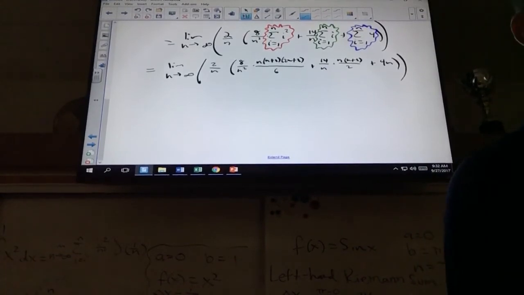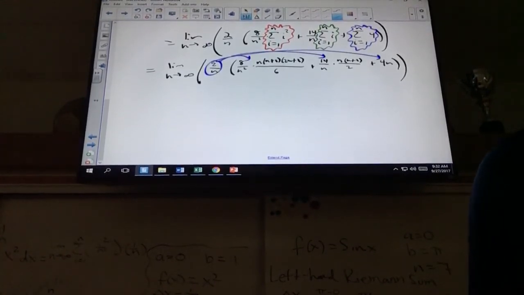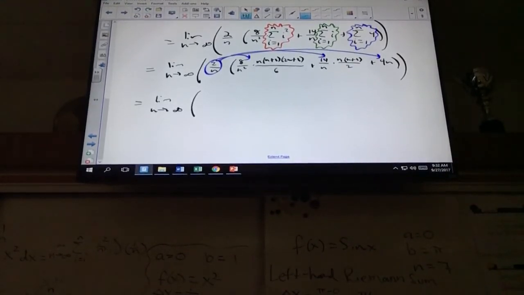Okay, so now I'm going to distribute through by this 2 over n. So this leaves me with the limit as n approaches infinity of, and again I'm going to put my constant terms over each other and then my variable terms over each other. So here I'm going to get 2 times 8 is 16 over 6 times n times n plus 1 times 2n plus 1 all over n cubed, right?